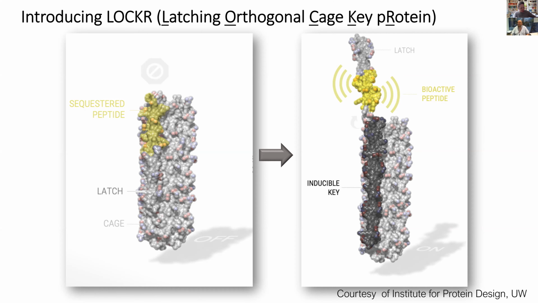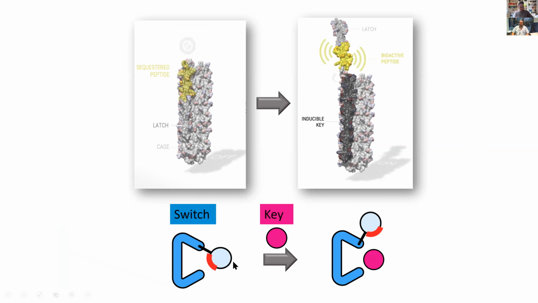So from now on, what I will do is designate the switch as this blue thing here, the key as this pink circle, the latch is this thing I'm pointing at here. Hopefully you can see my cursor. And then the bioactive peptide is this red thing here. So when it opens, that bioactive peptide is exposed, and then you get functionality.